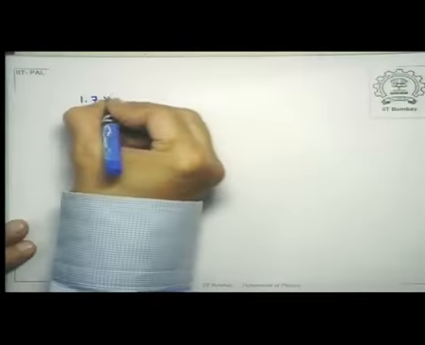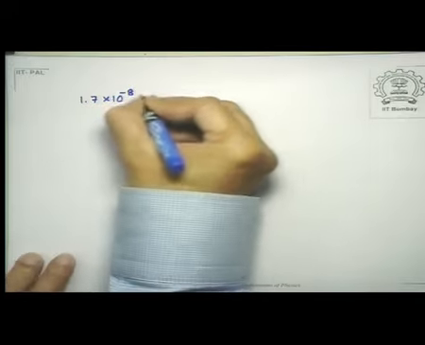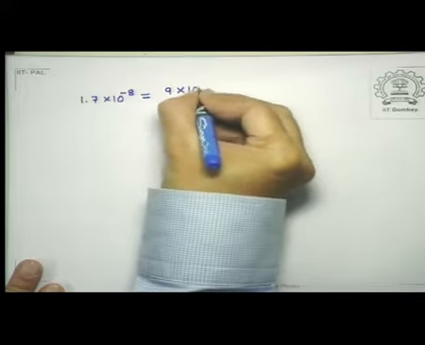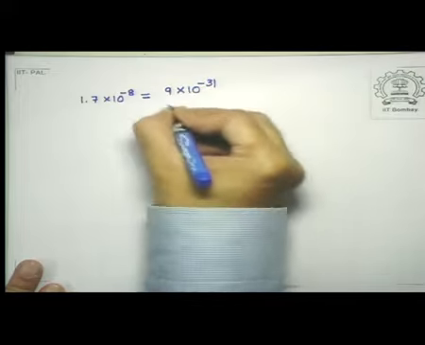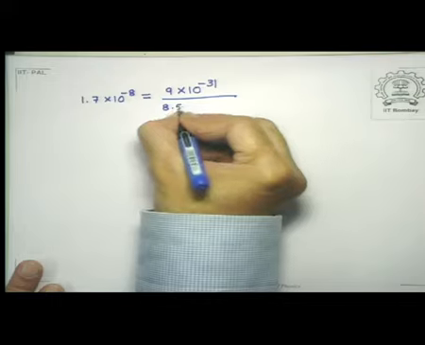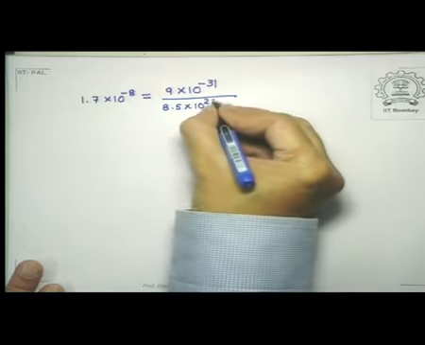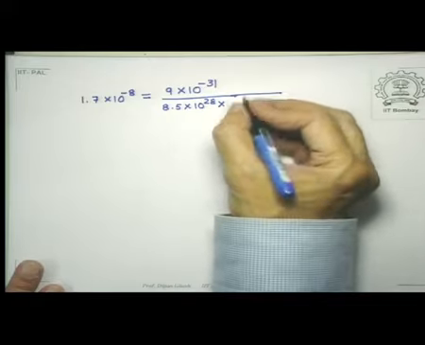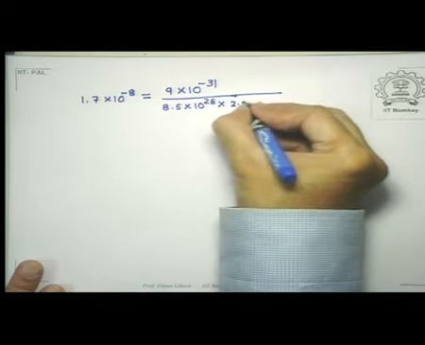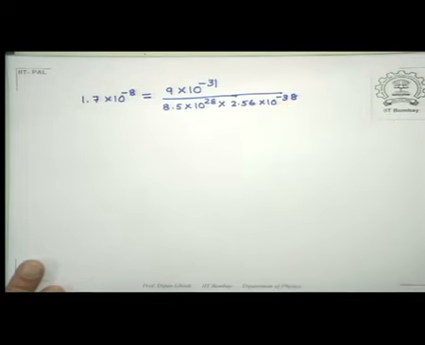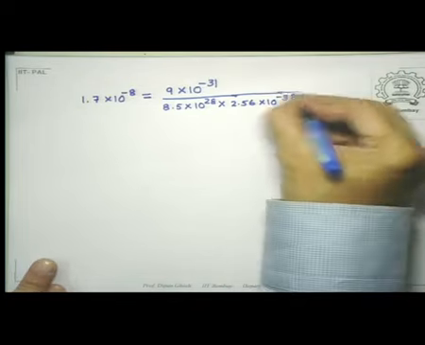So, therefore, for copper, 1.7 into 10 to minus 8, which is my resistivity, is m, which is the mass of the electron, so 9 into 10 to the power minus 31 kg, divided by n, which we calculated in that problem to be 8.5 into 10 to the power 28, into e square. e is 1.6 into 10 to minus 19, so it is 2.56 into 10 to the power minus 38, and this times tau.